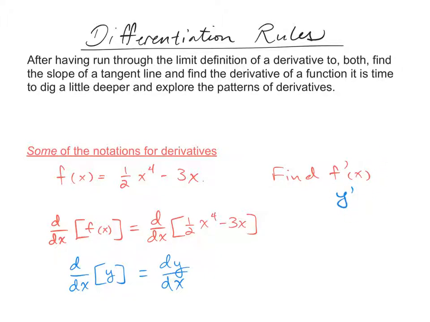Now, if the variable changes, for example, if this function I had written as f of t equals 1/2 t to the fourth minus 3t, then we could find a derivative of that, d dt of f of t.